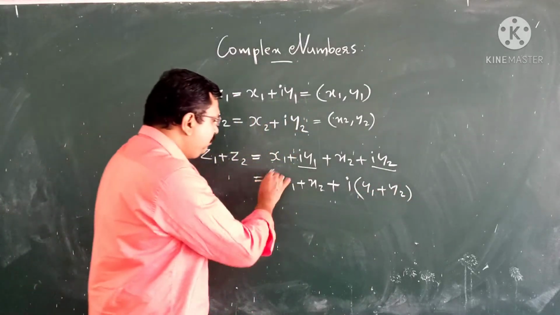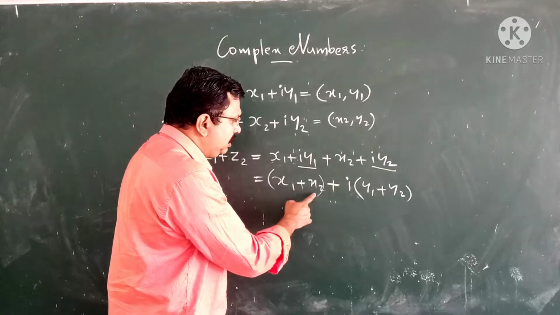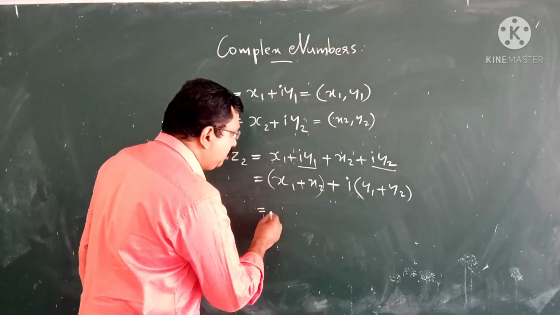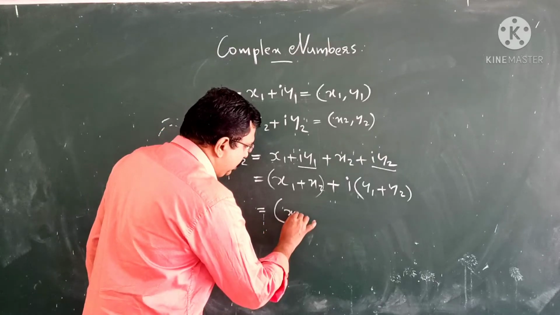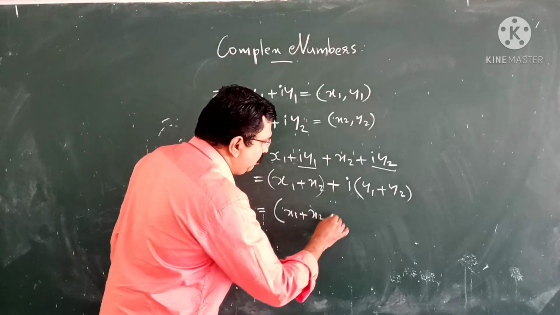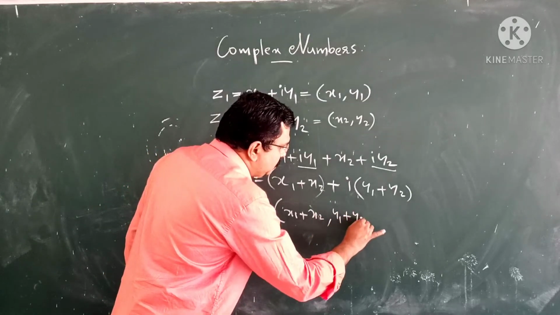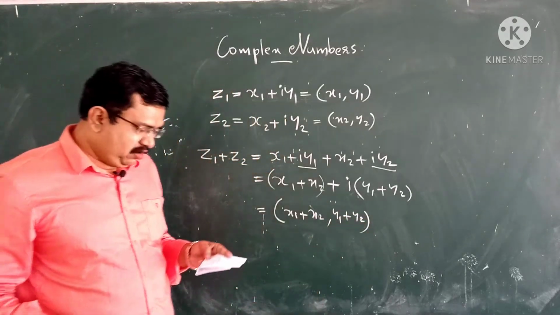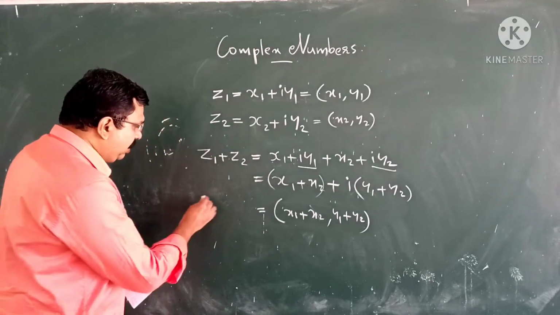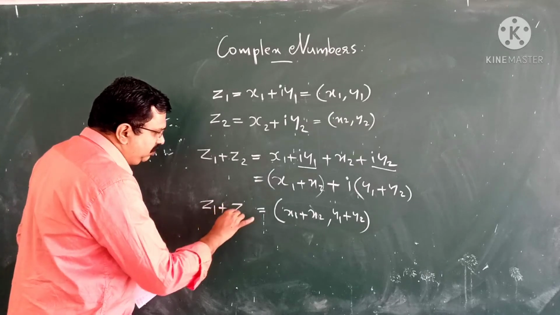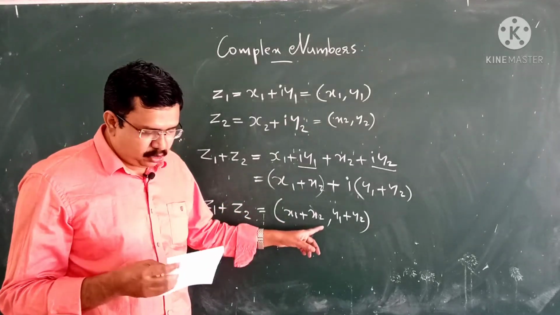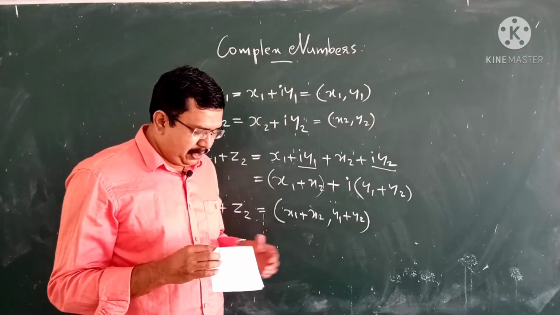Therefore this is of the form (x1 plus x2) plus i(y1 plus y2), that is equal to (x1 plus x2, y1 plus y2). Therefore addition of two complex numbers is: z1 plus z2 is equal to (x1 plus x2, y1 plus y2).